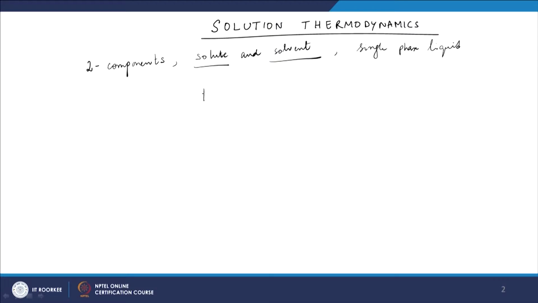Then in that case, if I use the Gibbs phase rule, it tells me the number of intensive variables I need to specify in order to get the thermodynamic behavior of the system.